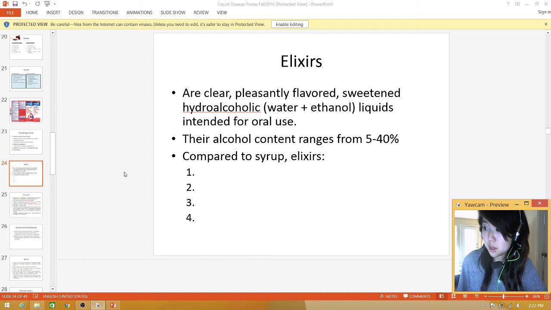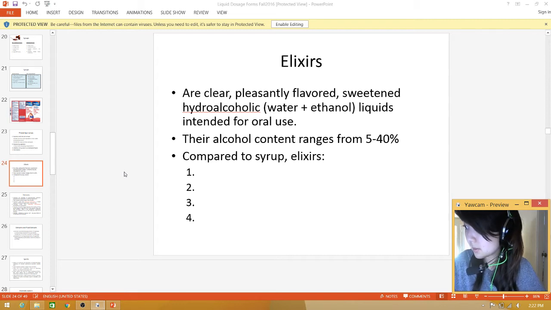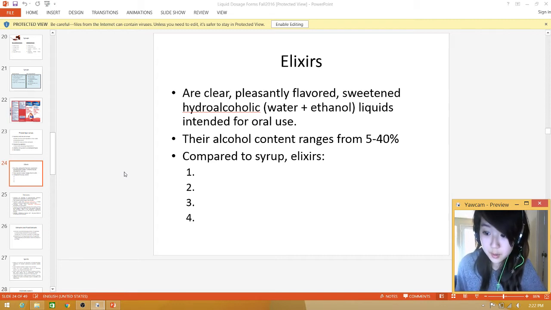So we add alcohol to liquid formulations such as elixirs because alcohol acts as a preservative, and it also helps ingredients with poor solubility in water become more soluble. At 50% concentration, alcohol is a preservative for solutions with an acidic pH, and at neutral or basic pHs, we would require an alcohol concentration of at least 18%.